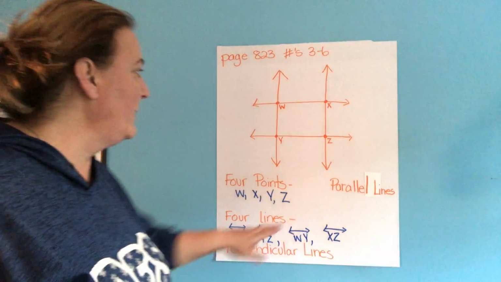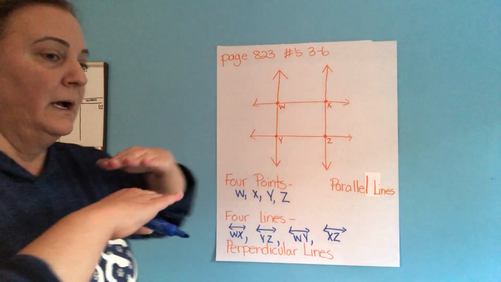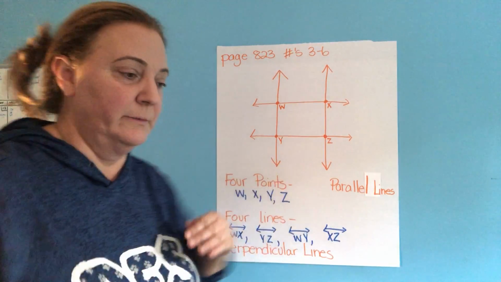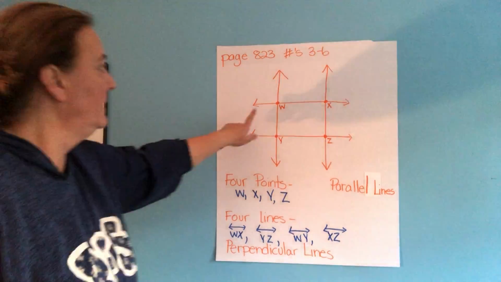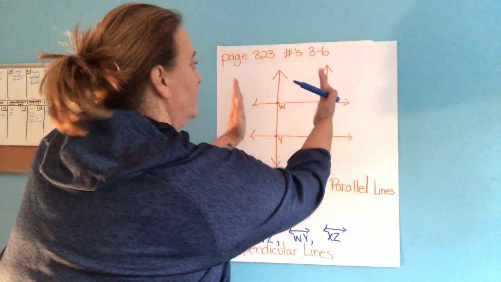Okay, now we want parallel lines, lines that are going to be alongside of each other, parallel to each other. So we have W, Y, and X, Z, these two lines.